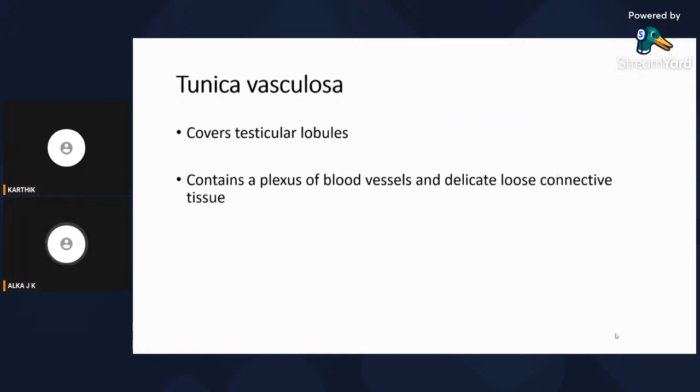The innermost covering is the vascular layer, known as tunica vasculosa. It covers the testicular lobules and contains a plexus of blood vessels and delicate loose connective tissue.